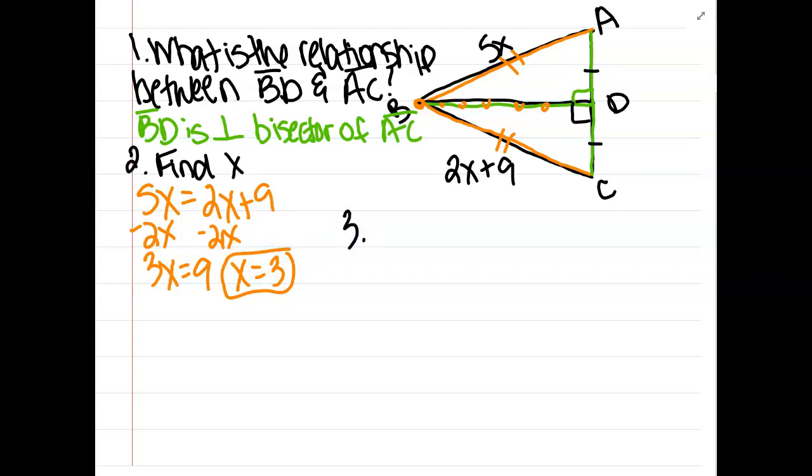And then the last thing we want to do with this lovely picture here, I want to find BC. Now remember, I didn't put a line over BC, so I'm not talking about the segment BC. I'm talking about the length of BC. How in the world am I going to find the length of BC?